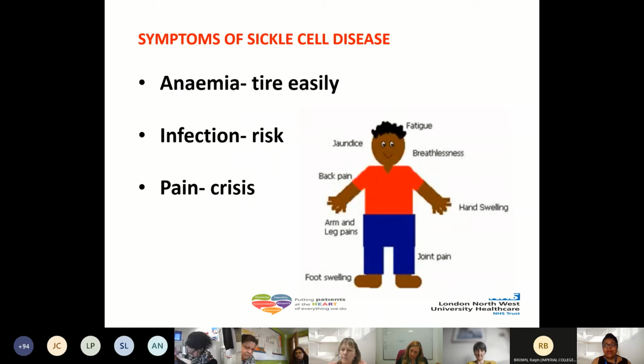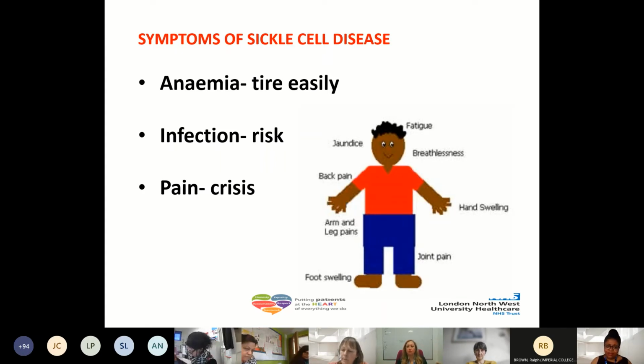So this is why, as soon as we know that children have sickle cell disease, they're put on low dosage penicillin to help boost their immunity. So it's really important that parents are made aware that this is an ongoing thing. They need to have it twice a day, as long as a consultant hematologist tells them that they need to have it. So it's not optional, it's something very necessary.